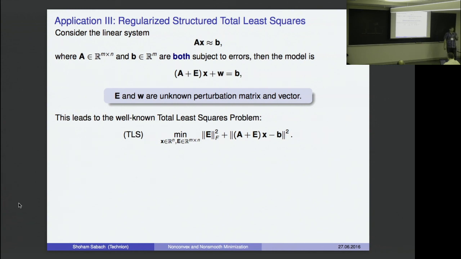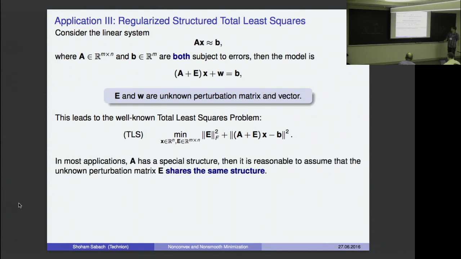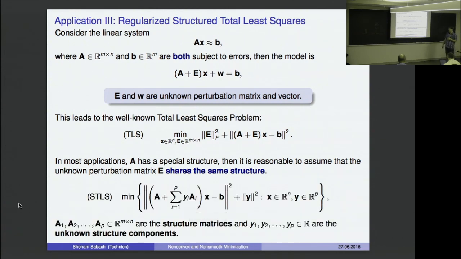However, in many scenarios, the model matrix A is known to have some linear structure. In this case, it's very natural to assume that the perturbation matrix E shares the same structure. So if the matrix A has some special structure, it makes sense to assume that the perturbation, the noise, also shares the same structure.